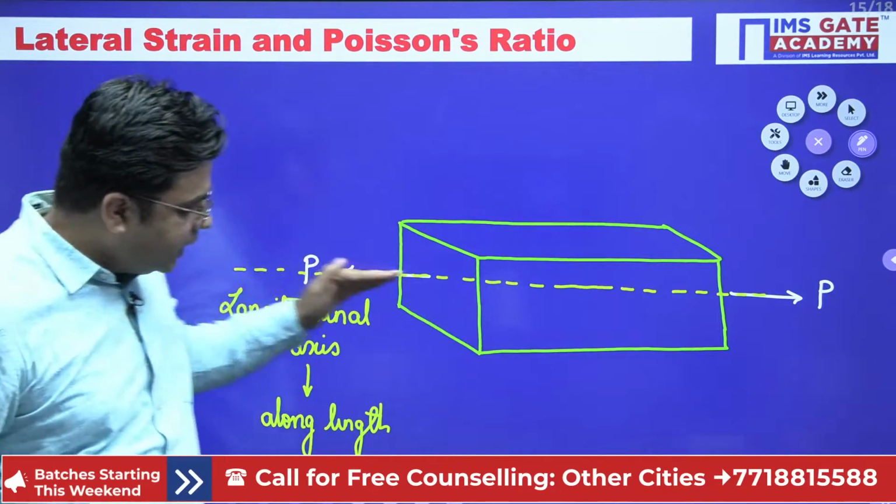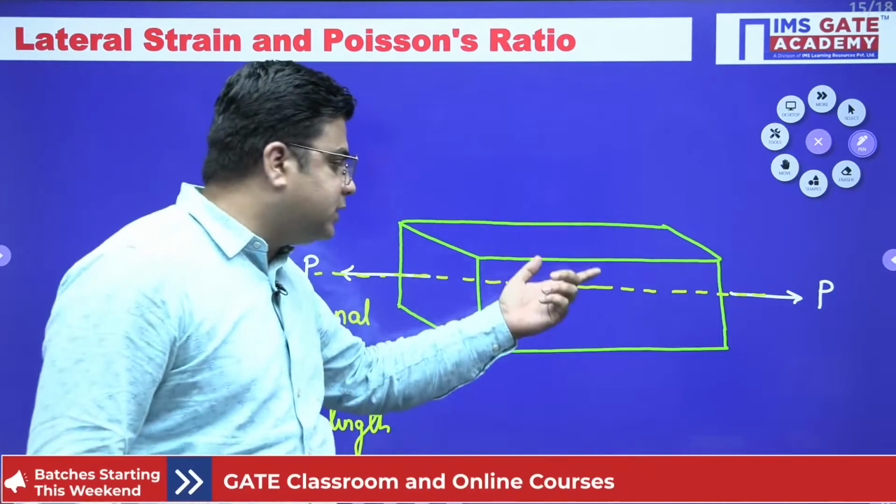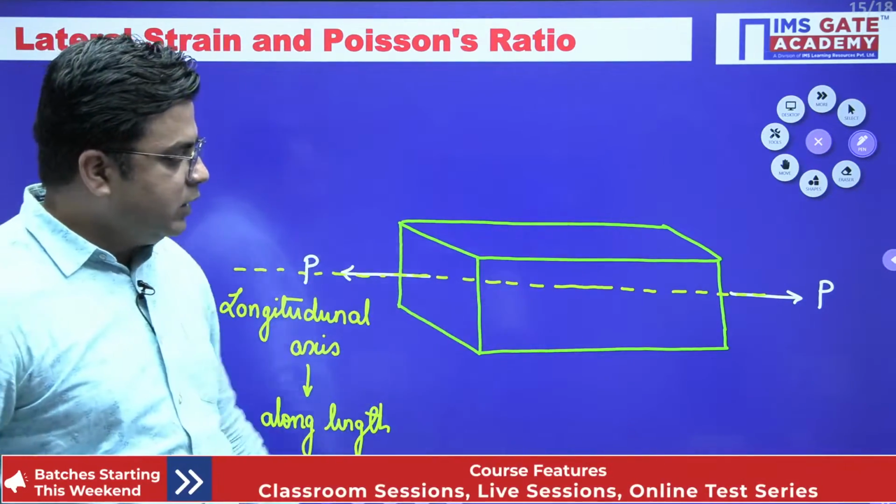So this is my longitudinal axis, which corresponds to the largest dimension for this body. This is my one axis.